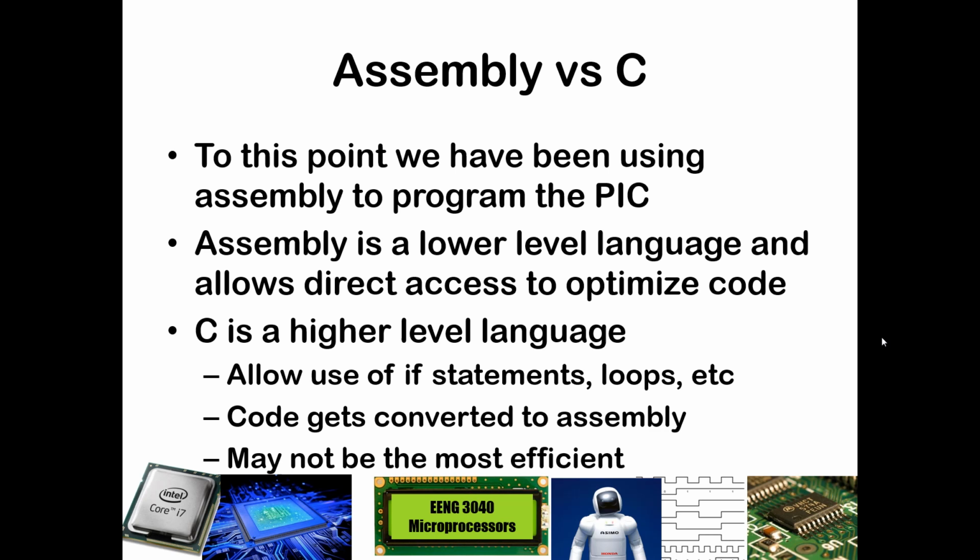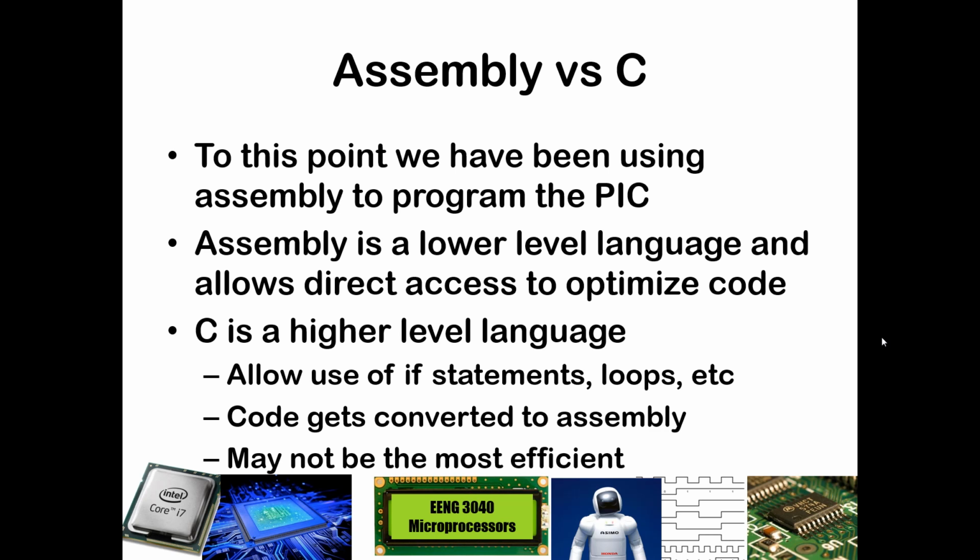Your code, when you write it in C, will actually get converted into the native assembly commands that we've already been using. And it may or may not be the most efficient. Microchip is the company that makes the PIC microcontrollers, and they also provide MPLAB and their various compilers, such as the XC8 compiler that we're going to be using. They have a free version, and then they also have premium versions of their compilers that they charge more money to use.